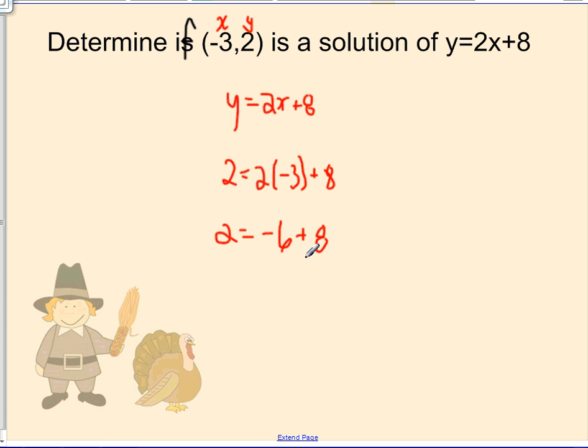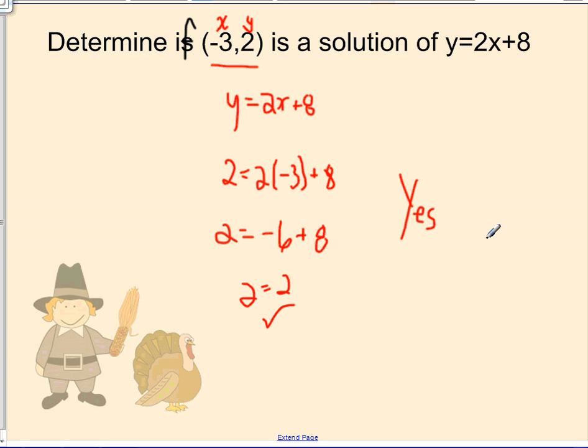Alright, negative 6 plus 8 is 2. And so since the equation comes out as 2 equals 2, which we know is true, we can say yes, negative 3, 2 is in fact a solution of y equals 2x plus 8.